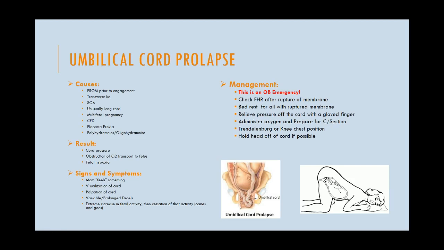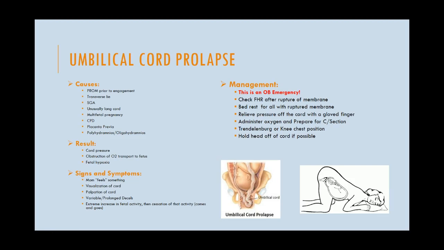Okay. I want you to think about one thing here, though. In terms of an umbilical cord prolapse, we've said that this is an OB emergency, and whenever you think of emergencies, you want to know what's your priority nursing action. What's going to fix that the fastest?